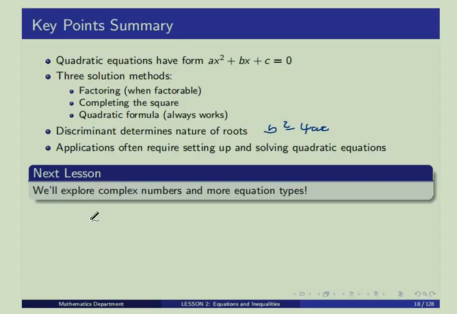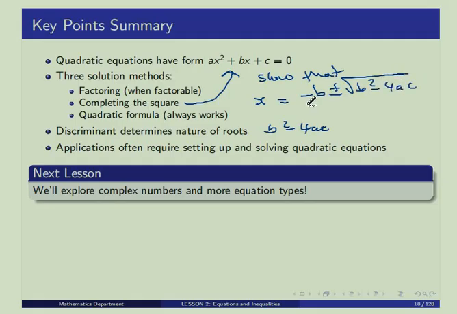Can you please show, using the completing the square method, that x is equal to minus b plus or minus square root of b squared minus 4ac, everything over 2a. Right, so this is your assignment.